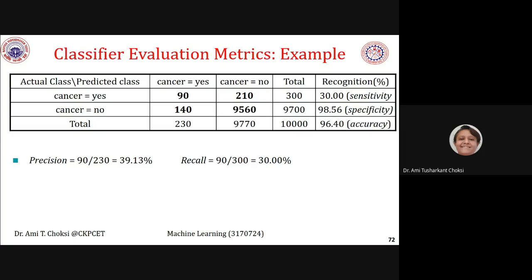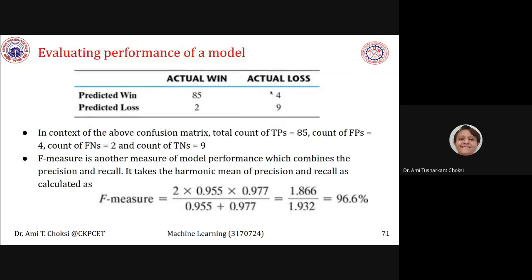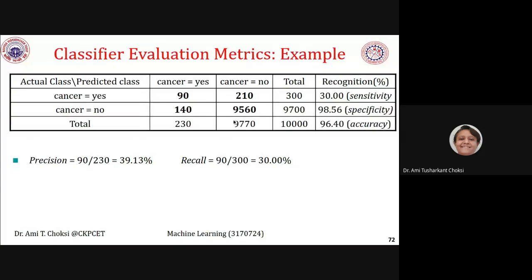So that is FN. This way you have to detect what is true positive, what is true negative, what is false positive, and what is false negative. This is what we have to find, and then we can put them in the equations and find the model evaluation parameters.